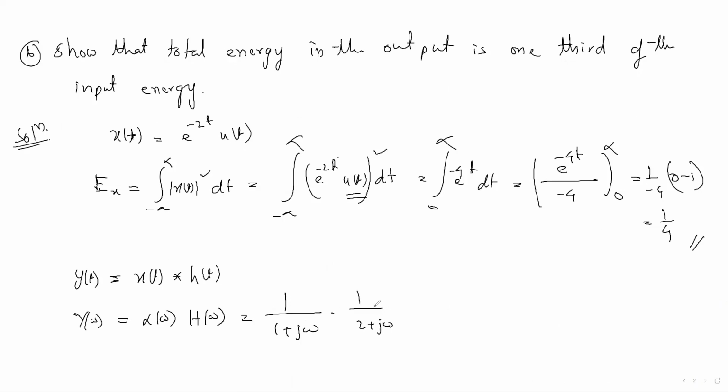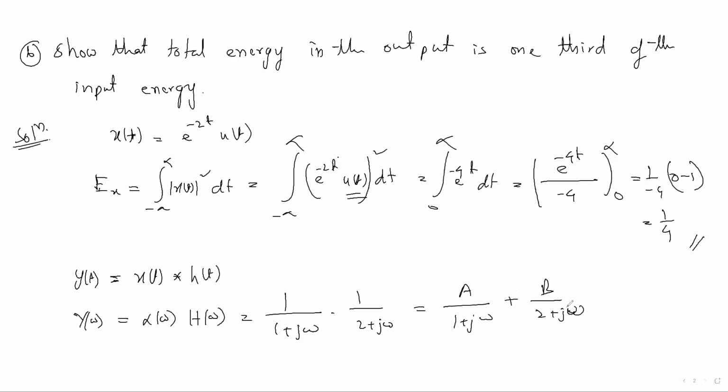Okay, so we have to find the equation of y(t). So we have to solve this. Make partial fractions like A/(1 plus j omega) plus B/(2 plus j omega).